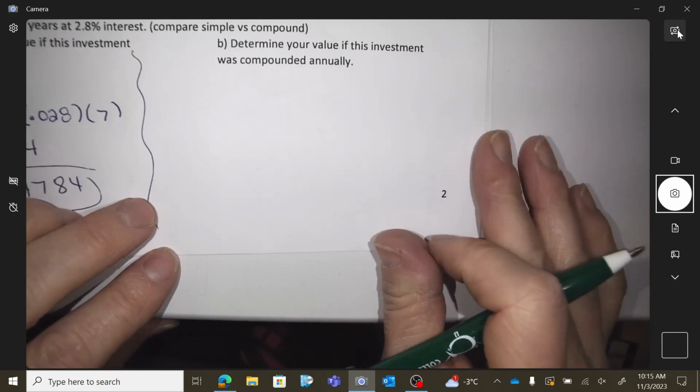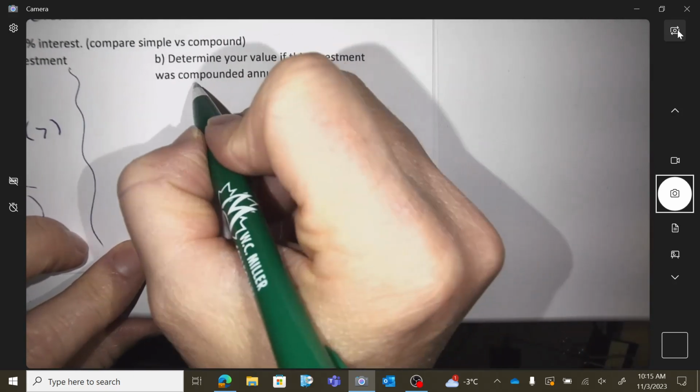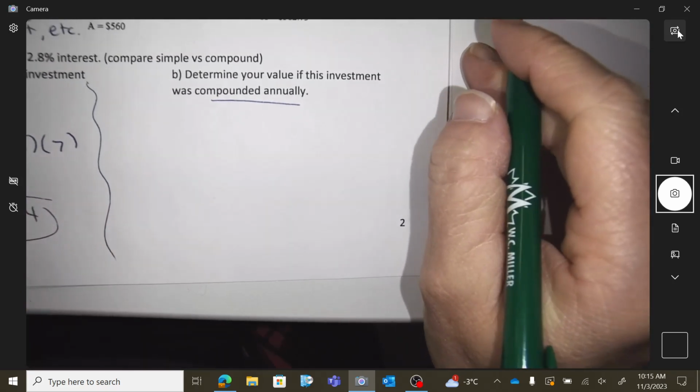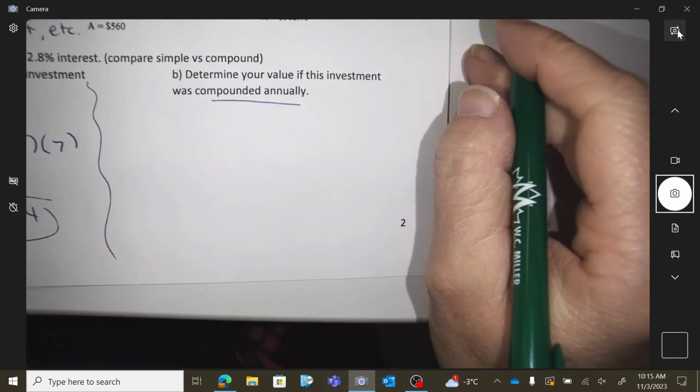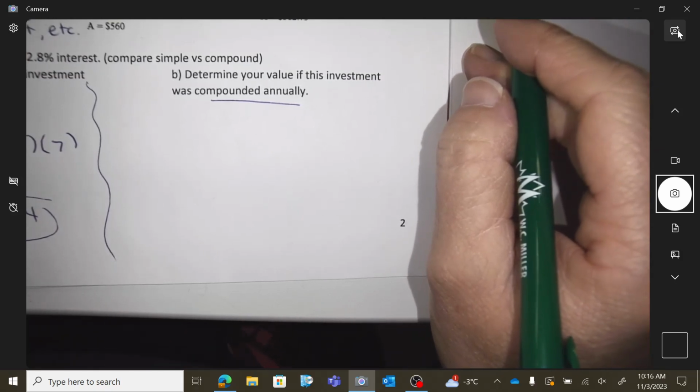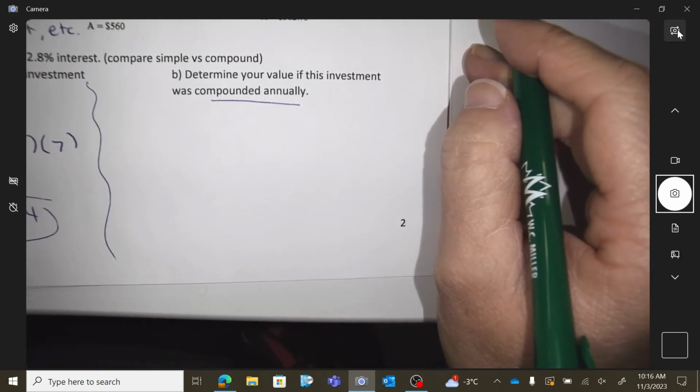Okay, now let's determine if we're going to compound this annually. This means at the end of year 1, I'm going to get a little bit of interest. Then in year 2, I'm going to make interest off of a new amount.